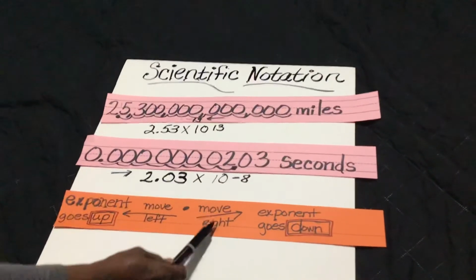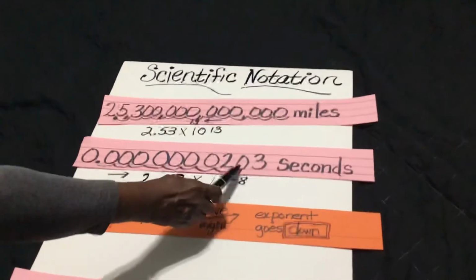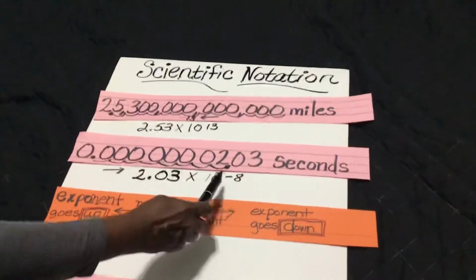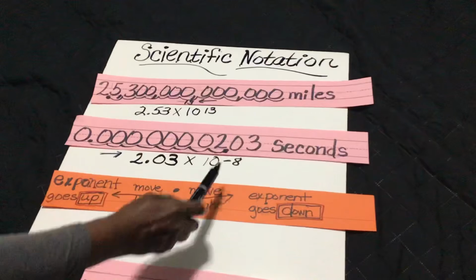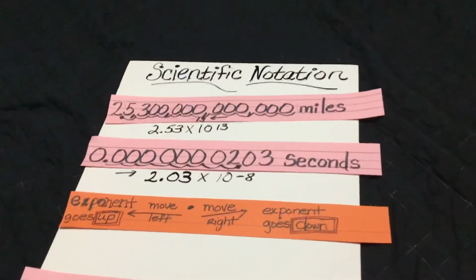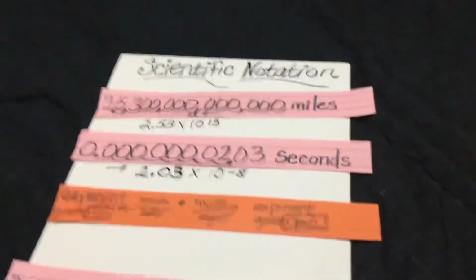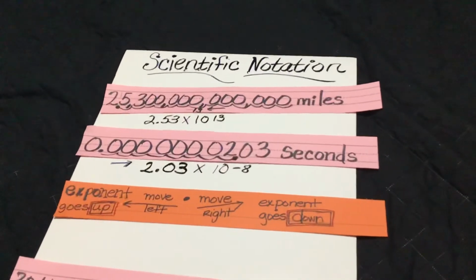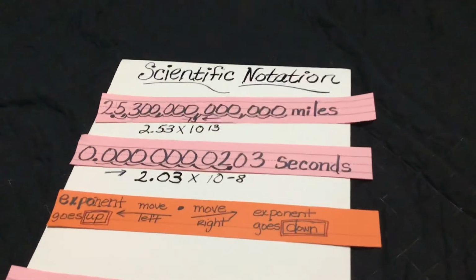If I move right, going in this direction, such as when I did with the decimal, my exponent is going to go down. Going down means negative. Does everybody get that? Make sure you're copying these notes. It is critical that you understand this particular rule. So you always have to rewrite your number.